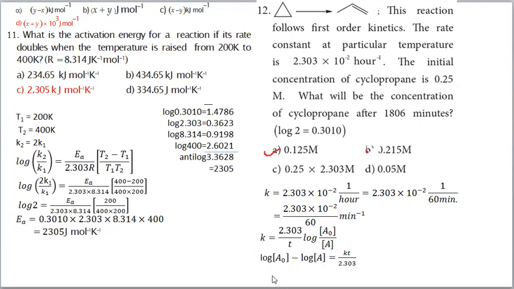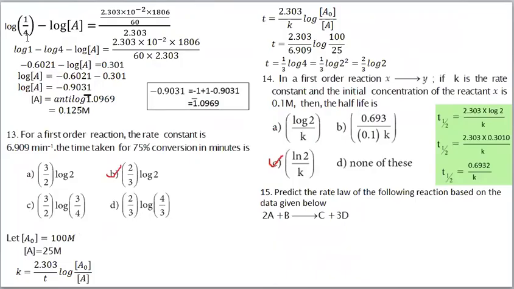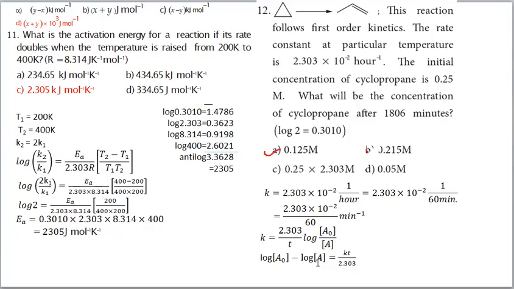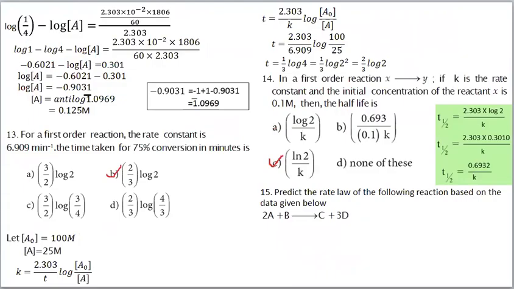So log 1 by 4 minus log A equals K into T, where T is 1806. So we get log 1 by 4 minus log A equal to the K value into 1806, divided by 2.303.